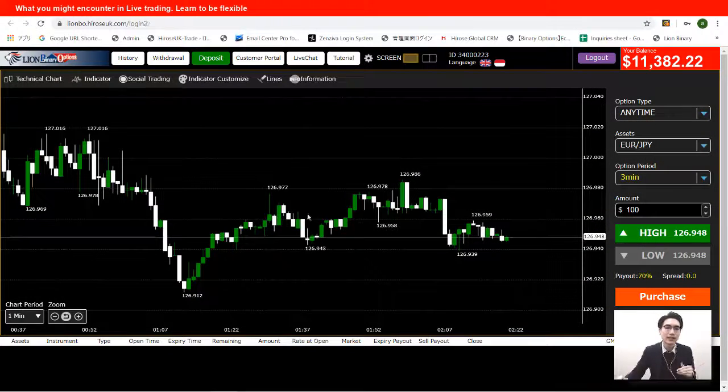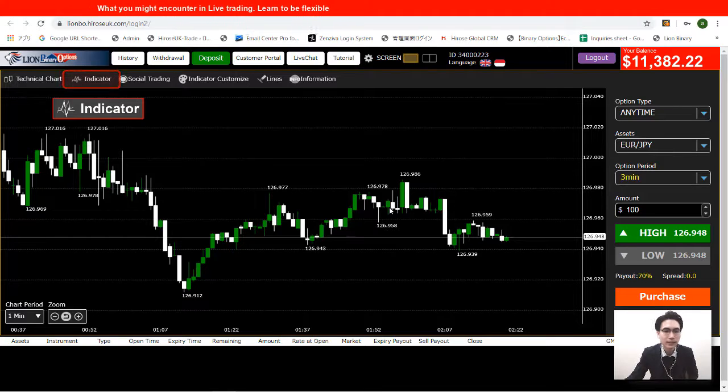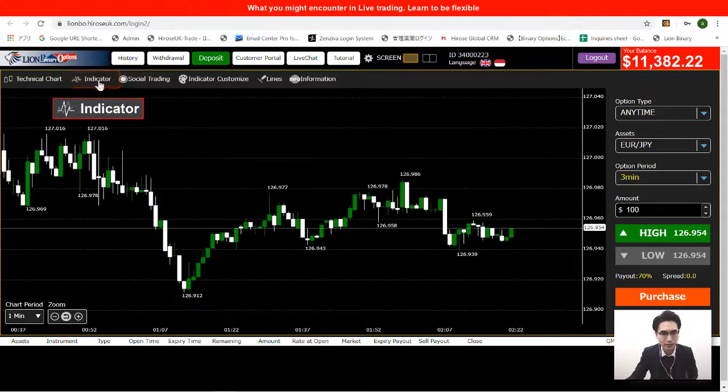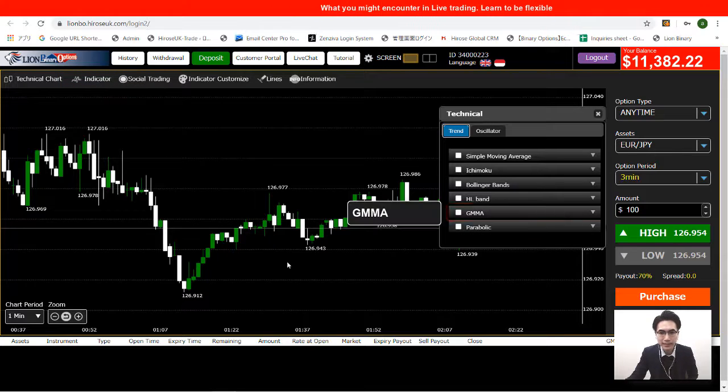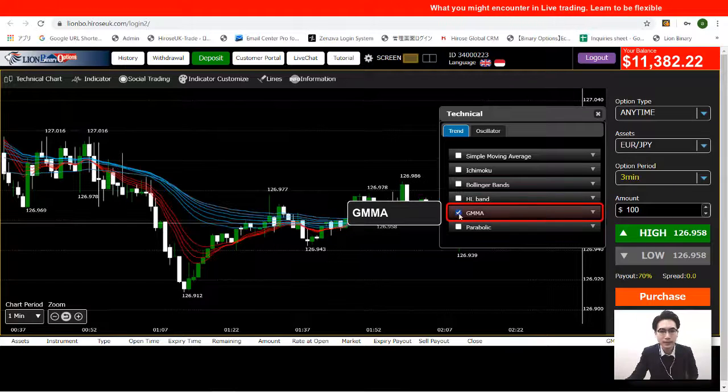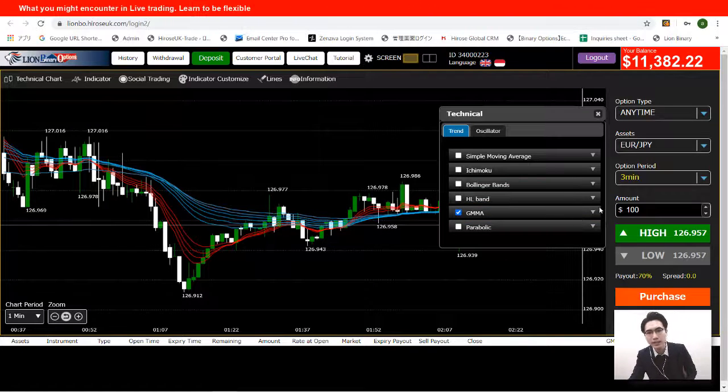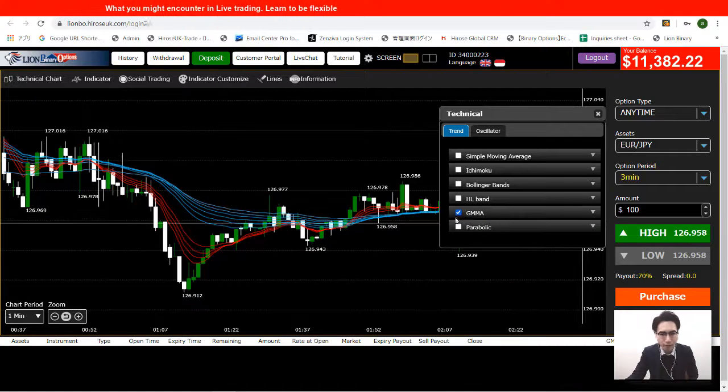Now we will set up the technical indicators. Go to indicator, and then we will select the GMMA. Put a tick on GMMA. For GMMA, there is nothing that we need to change, so everything is on default.